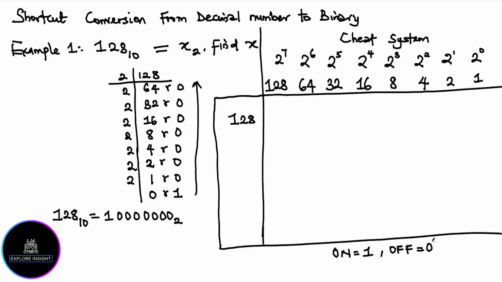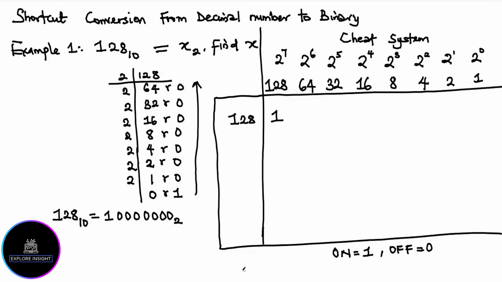So it means anyone that fits with the given value will be on as 1, else 0. So now we have 128, and we want to use this cheat system, which is a shortcut for this conversion. It means 128 can be found here. So we are going to on it.